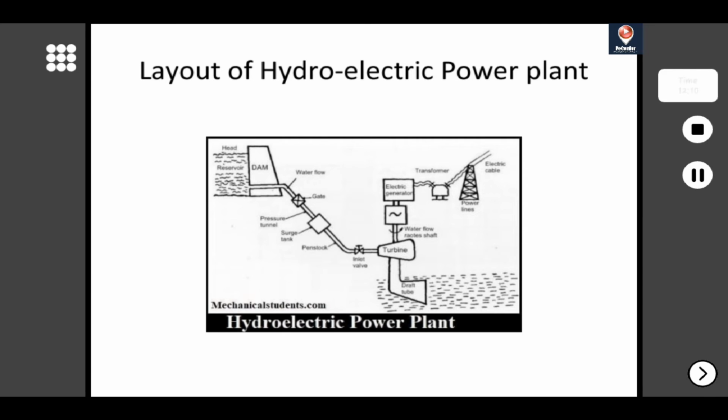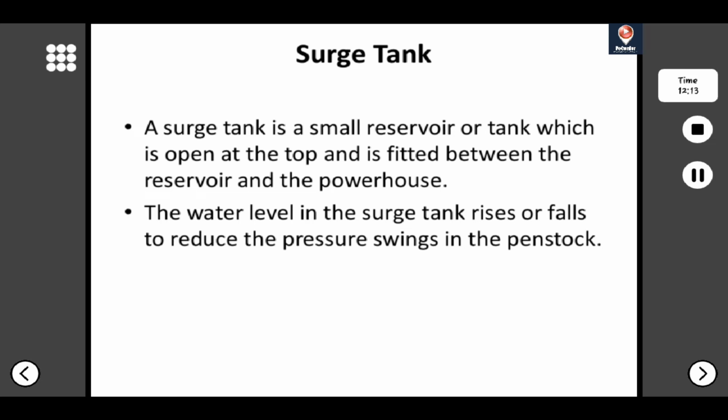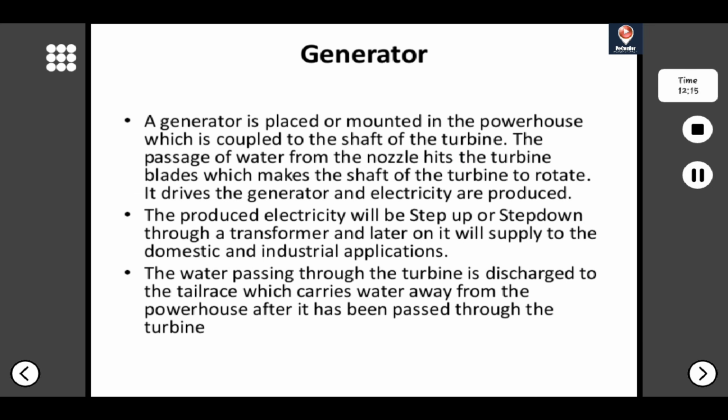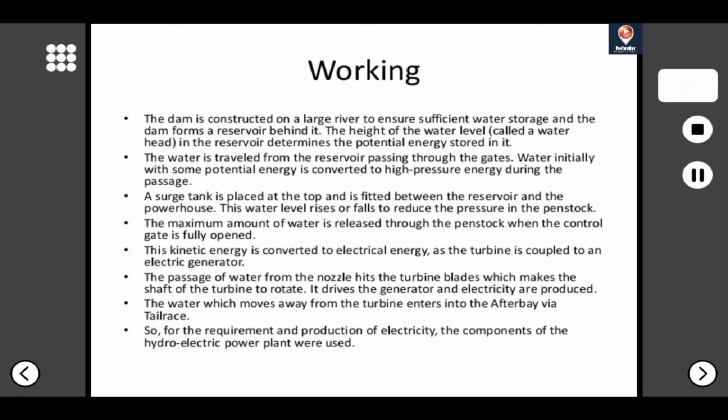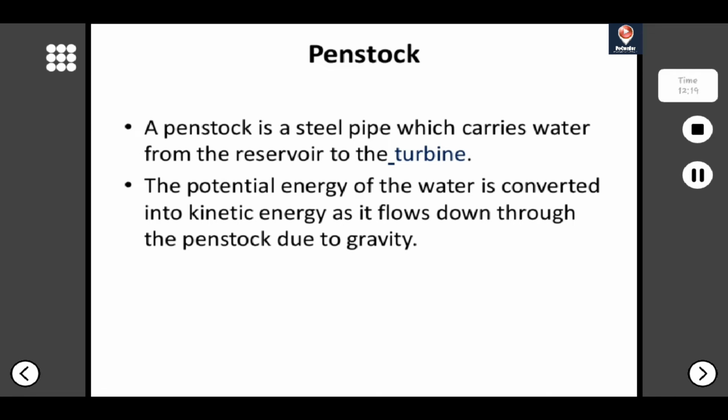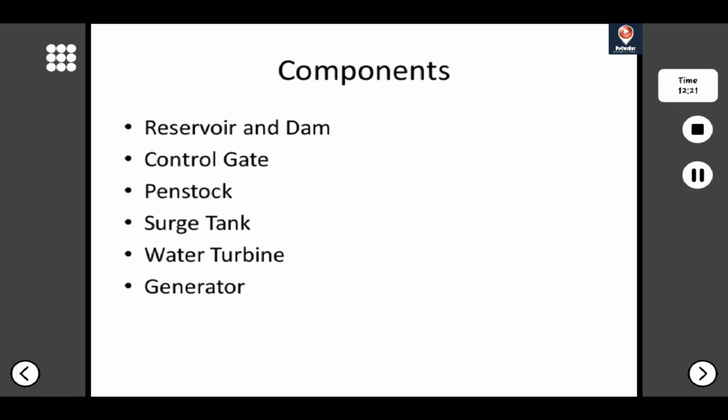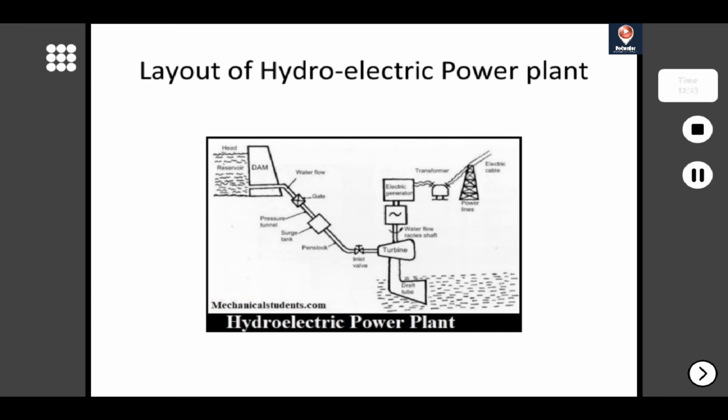So let's see the working of the hydroelectric power plant. When we see the working, we all know the water from the reservoir is allowed to flow through the penstock. The water flows through the penstock, and when it reaches the turbine, it converts the hydraulic or kinetic energy of the water into mechanical energy.